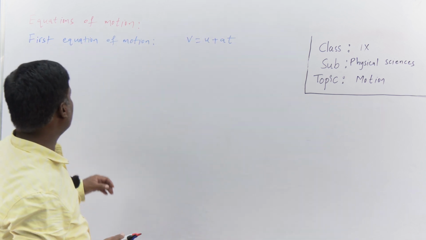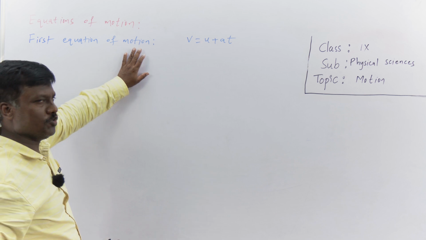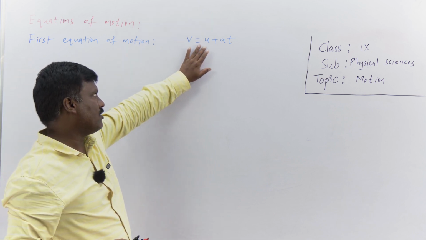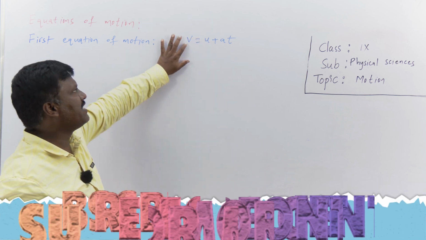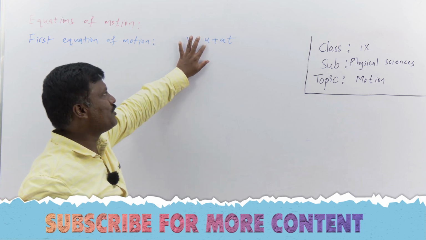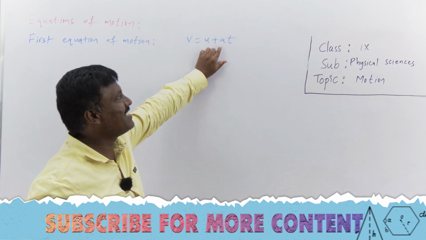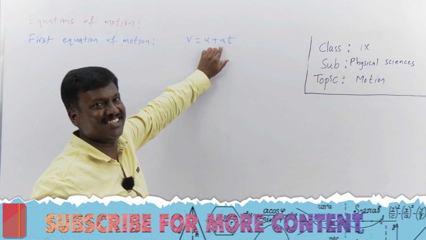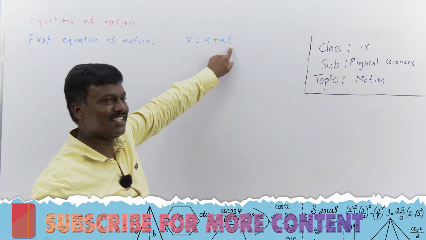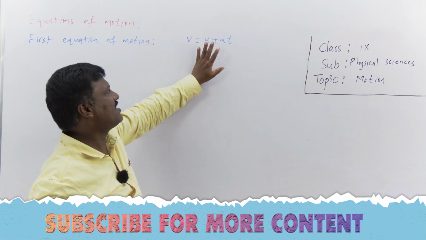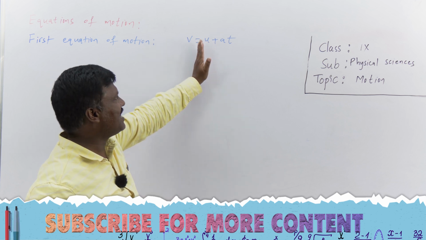Now I am going to derive the first equation of motion. v is equal to u plus at. What is v? Final velocity. What is u? Initial velocity. What is a? Acceleration, the change in velocity. And what is t? Time. So in this formula, we have velocity and time.